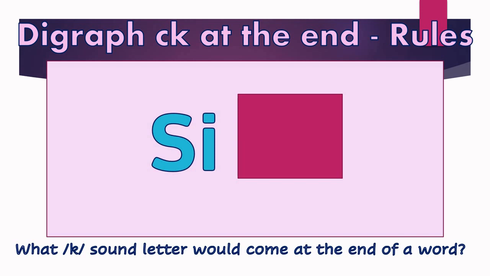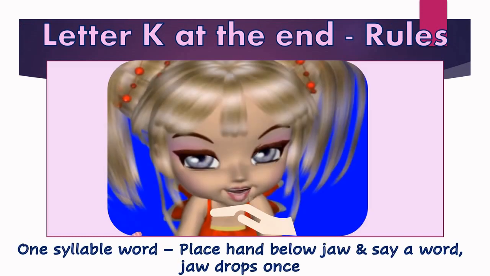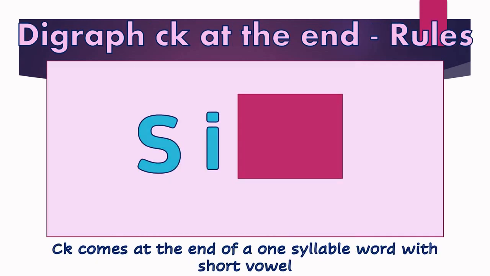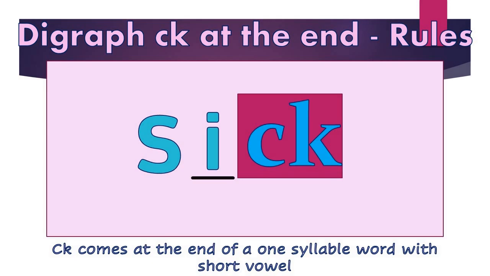Now let's see where CK comes together to give sound K. So take an example, sick. S-I-K. Put your hand below your jaw and say sick. Now check how many times did your jaw drop? 1. So this is a one syllable word. But before K, it has a short vowel I. So CK would give sound K here.